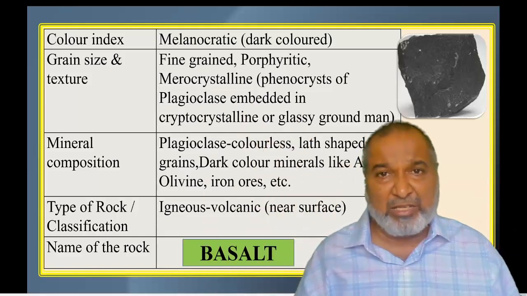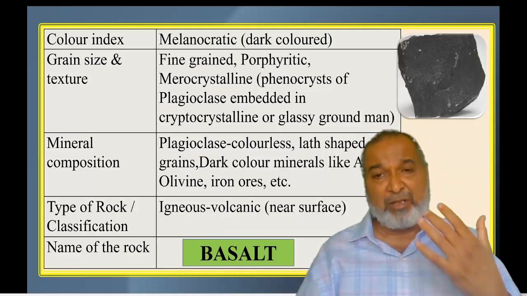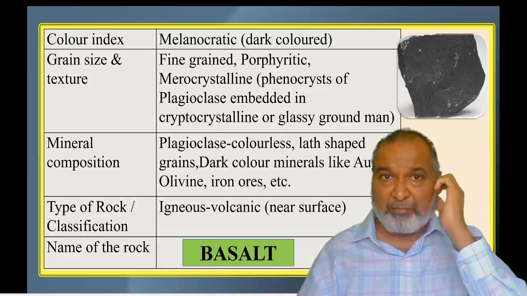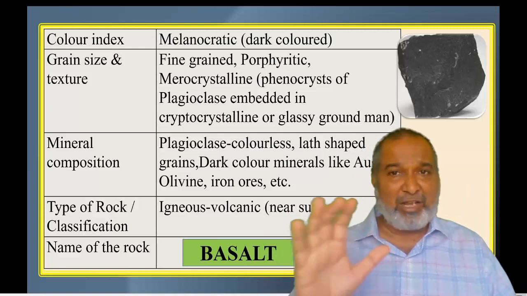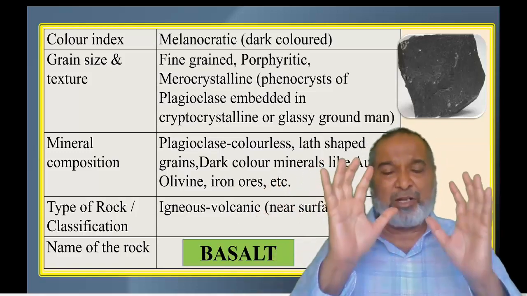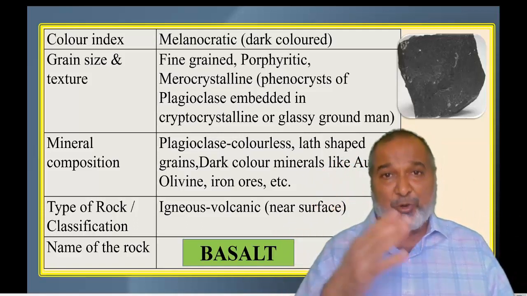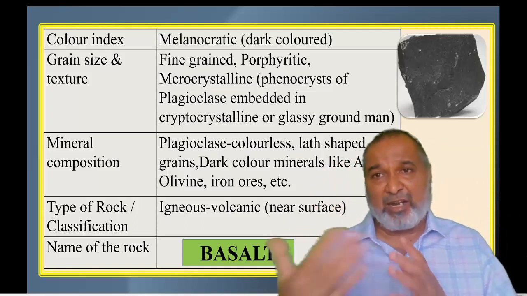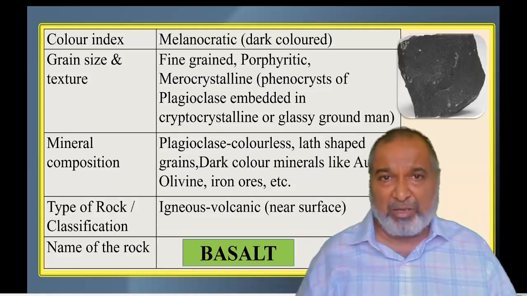So it is a fine grain rock, and some of the basalt rocks I am going to show you are porphyritic. But whatever our sample is here, we have not taken the porphyritic one. This is the fine grain we have taken. As theory, we have written that fine grain porphyritic is there, merocrystalline, that is 50% glass and 50% crystals, and plagioclase will be the bigger one.